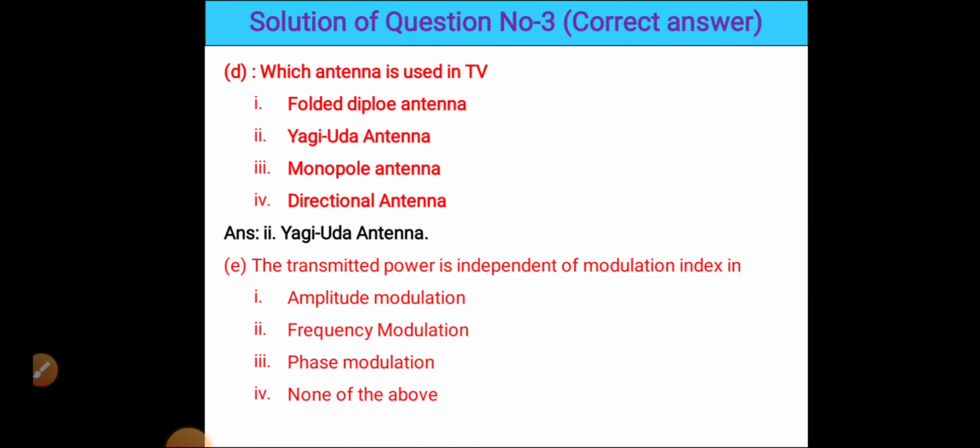If you remember the transmitted power formula for frequency modulation, there is no modulation index term present. So transmitted power is independent of the modulation index in the frequency modulation technique.